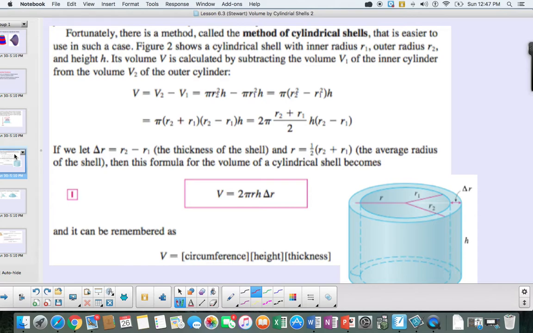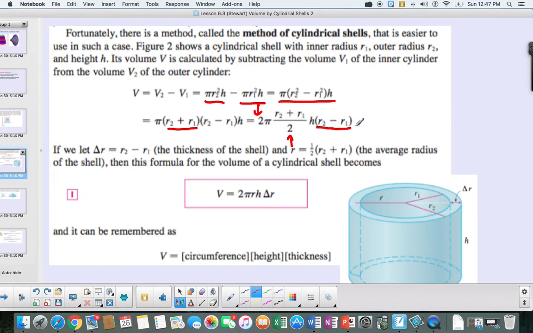Cylindrical shells is actually taking the volume of a cylinder and subtracting the volume of a smaller cylinder. So we're taking the volumes of the two cylinders, one with the bigger radius R2 and one with the smaller radius R1, and we're factoring out a pi, and then we factor this difference of two squares, rearrange it so that we write this here and introduce a 2 and a 1/2, and then put this on the end.